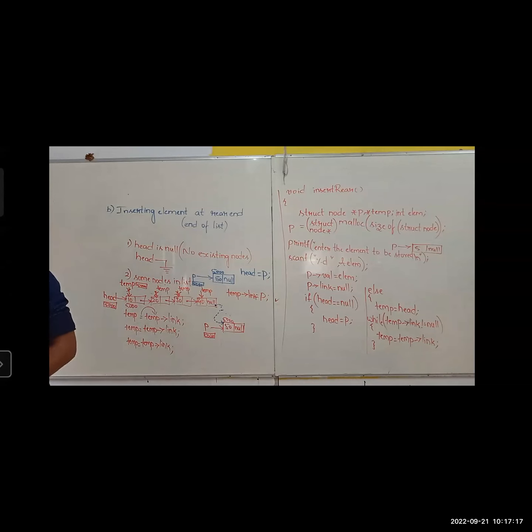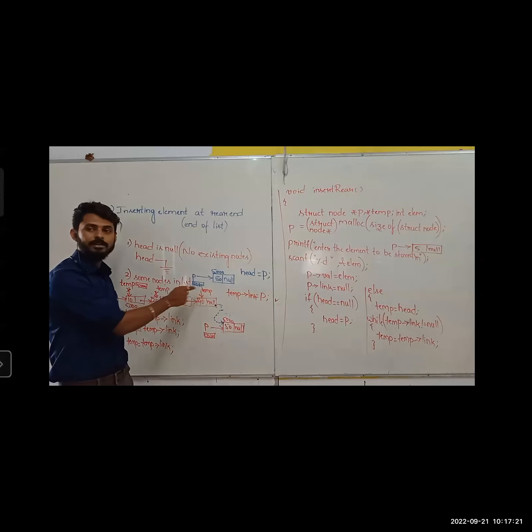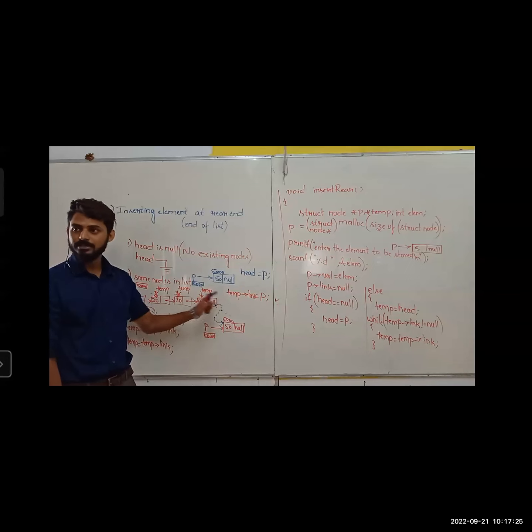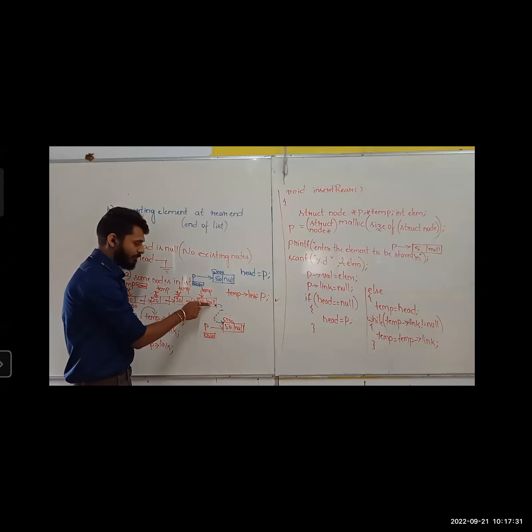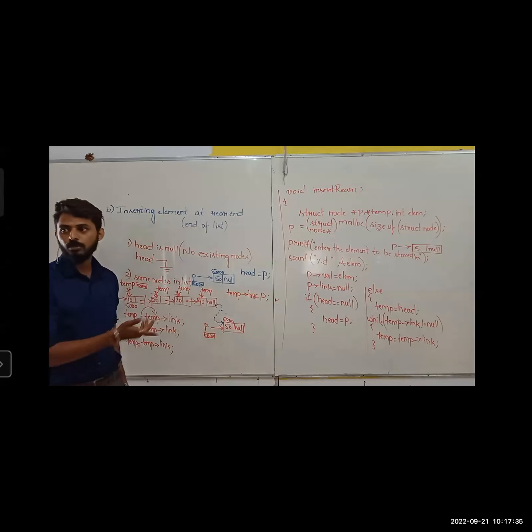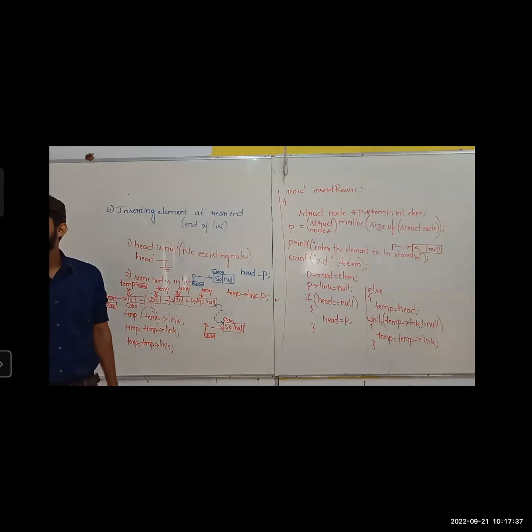What should I do now? Everyone forgot or what? What is the purpose I reached till here? Because I want to insert this node in here. That is the reason I reached till here. How can I add this node here? Adding this node here is nothing but this pointer should point to this node. That's it. It is both one and the same. Yes or no? How can I do that?